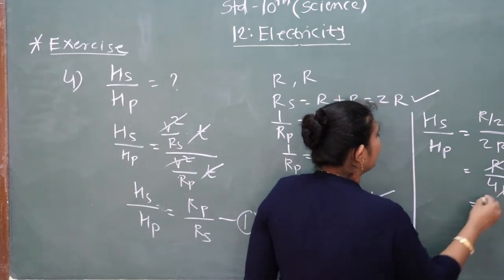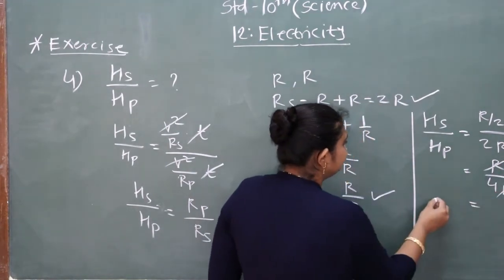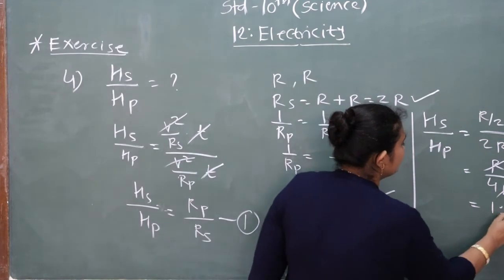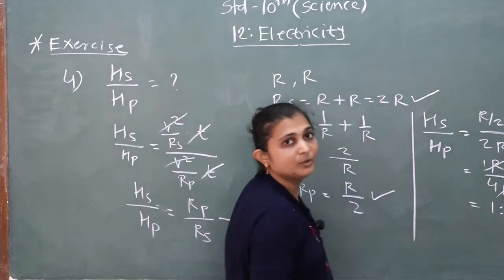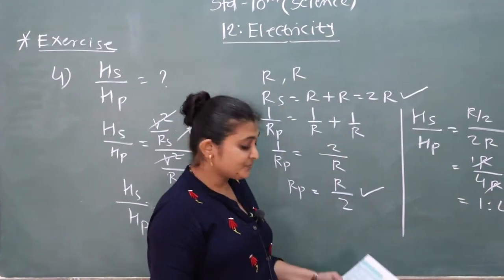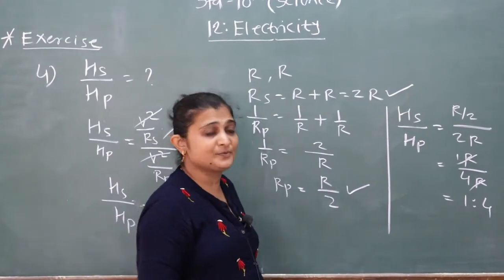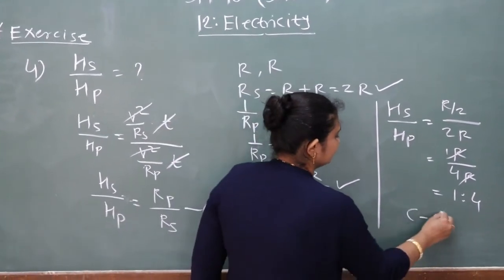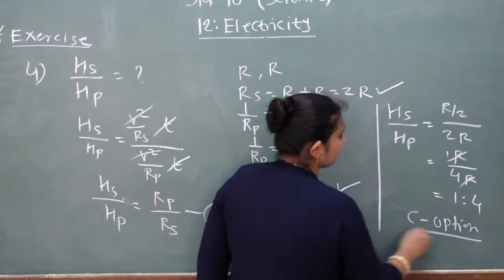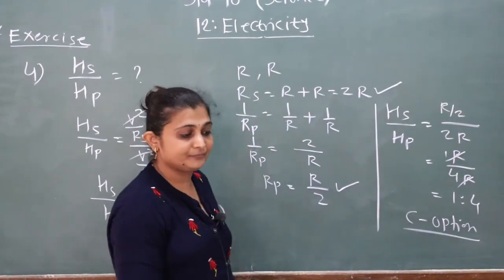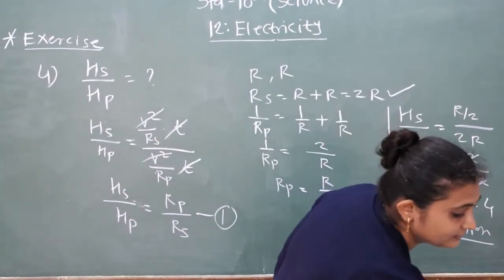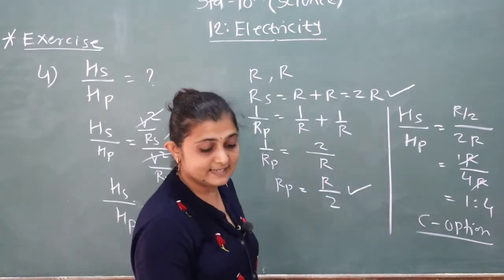Here R gets cancelled. Then we get 1:4, 1 upon 4. It is option C. We get option C here. Note down this one. We will see the next example.